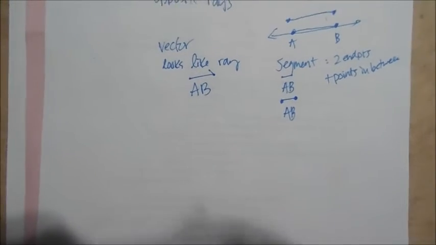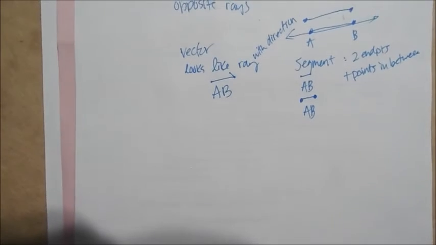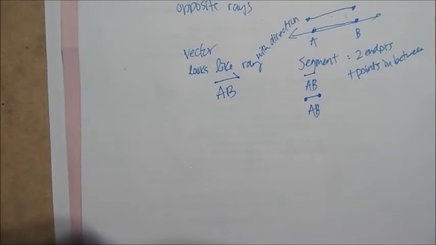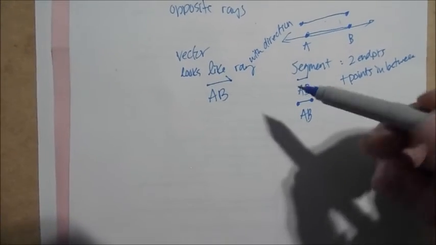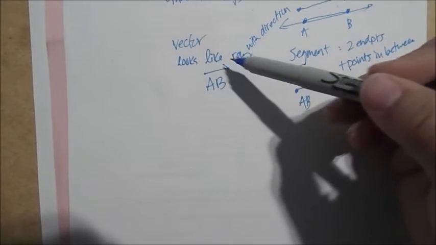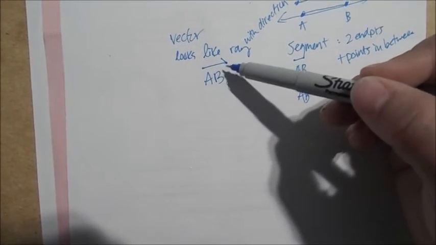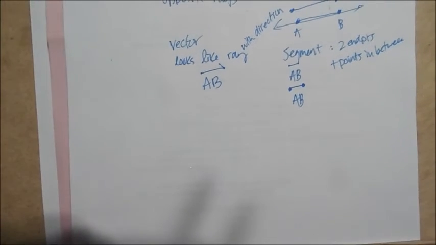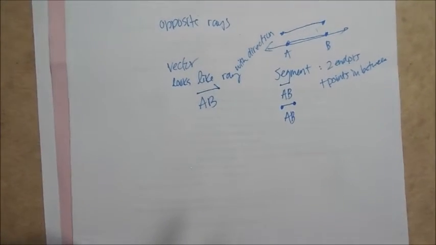We're not going to talk a whole lot about vectors, but vectors are rays with a specific direction. I don't think we do that anytime soon, but it looks like a ray. You just have to be able to take a look at your notation and notice that it's missing this little part right here. That makes all the difference in the world when it comes to notation.